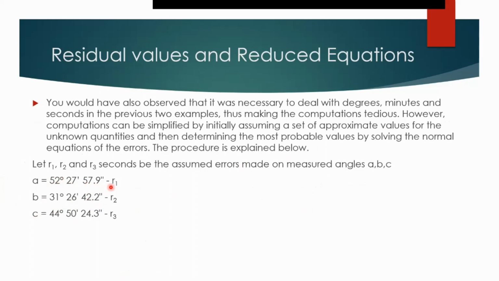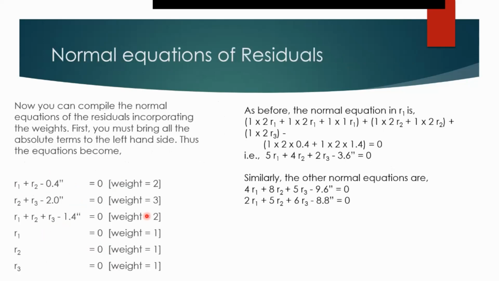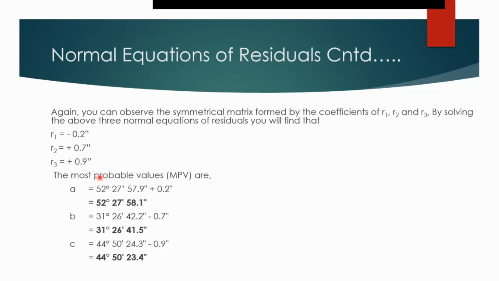You can see A equals 52 degrees, 27 minutes, and so on, minus R1, B equals 31 degrees, 26 minutes, 42 seconds, minus R2, likewise, right? And you have reduced it, and you have got the normal equations, and you can find the errors, the residual values, and you simply have to substitute those residual values to find the most probable value.